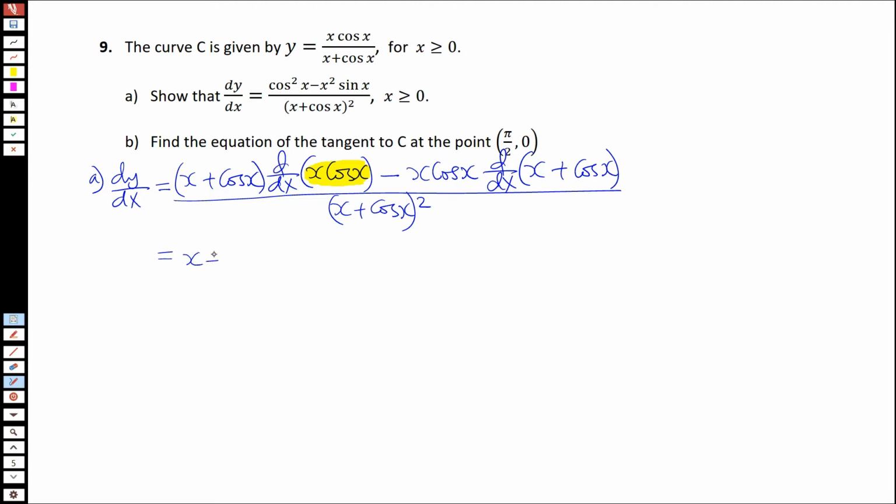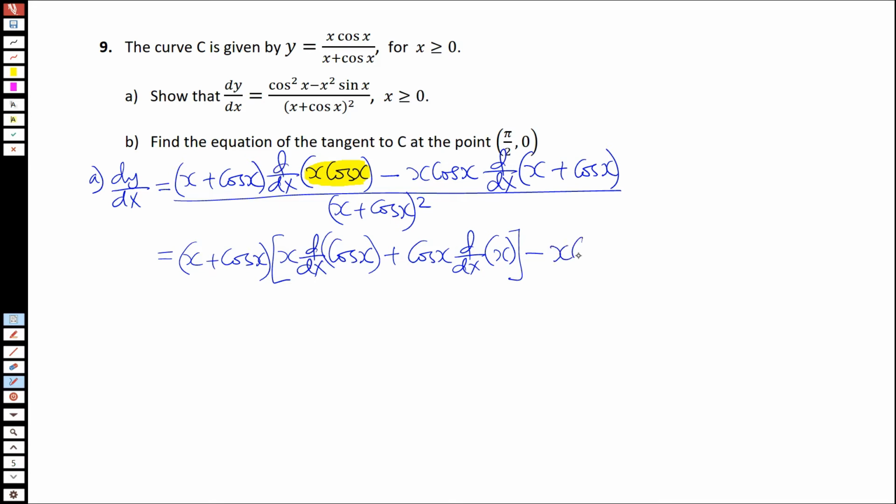Here we have x plus cos x multiplied by, if we apply the product rule here, x multiplied by the derivative of cos x, plus cos x multiplied by the derivative of x, minus x cos x multiplied by, if we find the derivatives of this term by term, 1 minus sine x, and then over x plus cos x squared.